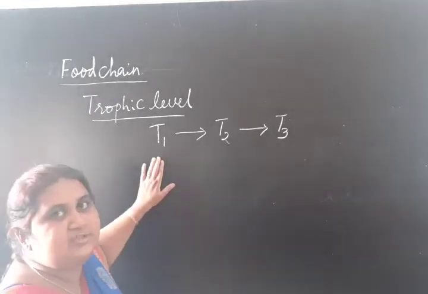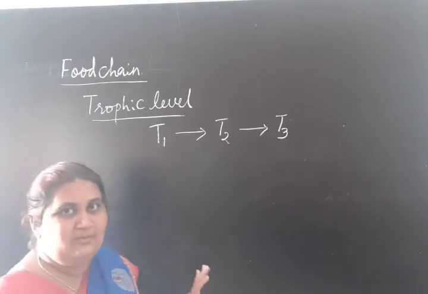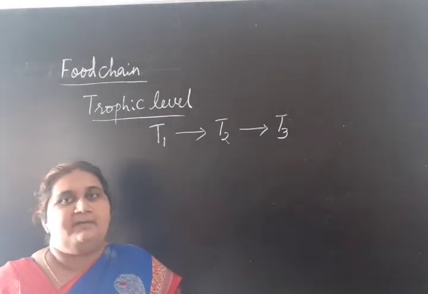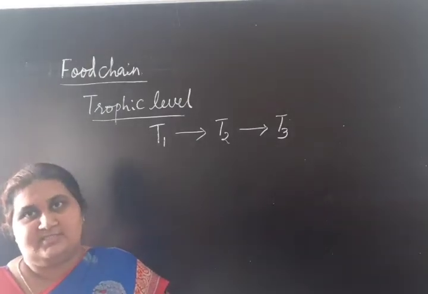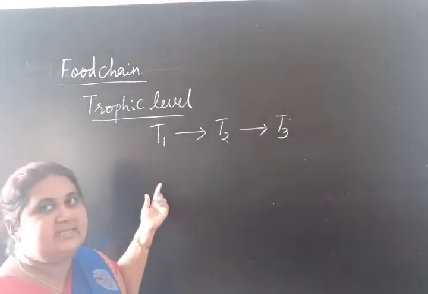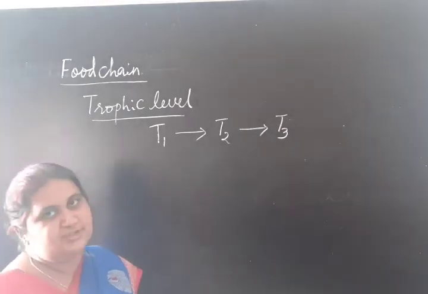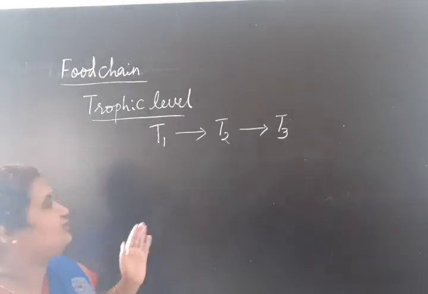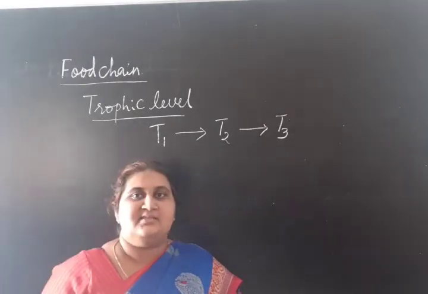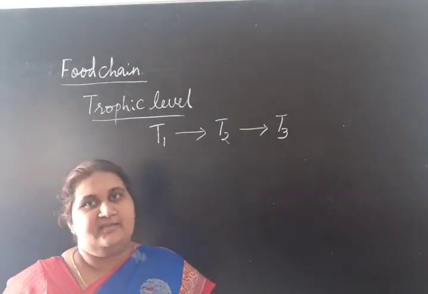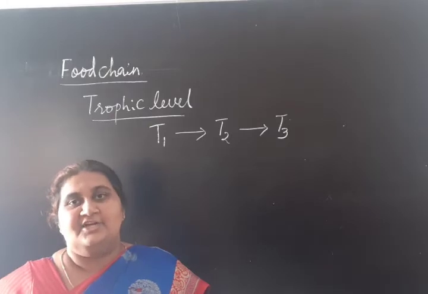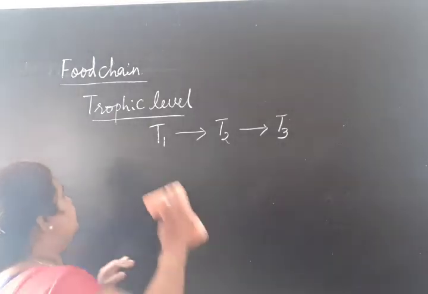The first trophic level is always occupied by the producers, if it is a grazing food chain. So what is a trophic level? The different steps in a food chain are called trophic levels.